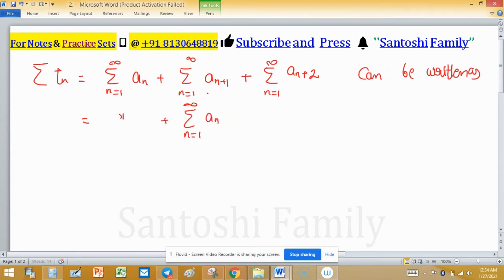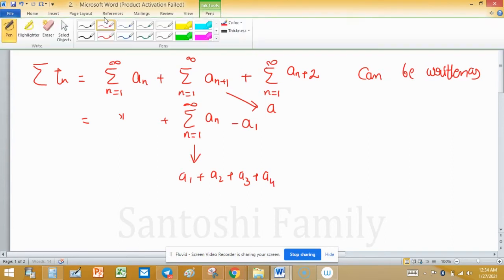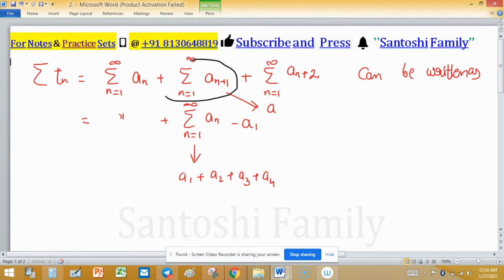Now you cannot make the term a1 from this summation, so you need to subtract a1, because from this a1 plus a2 plus a3 plus a4, if you put n in the circled portion, you will get a2 plus a3 plus a4.